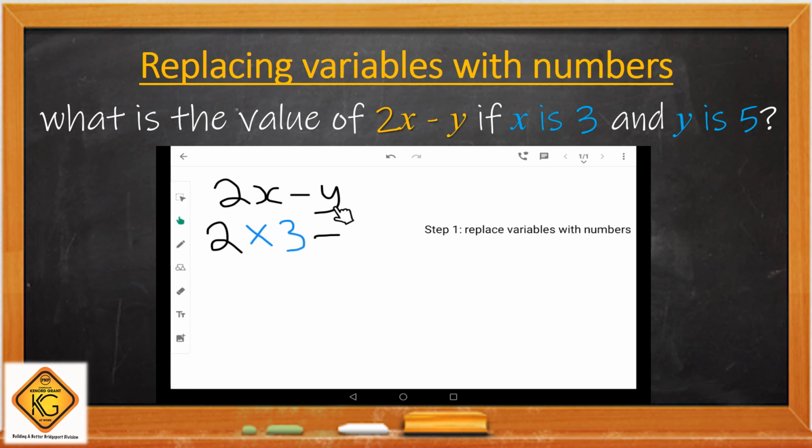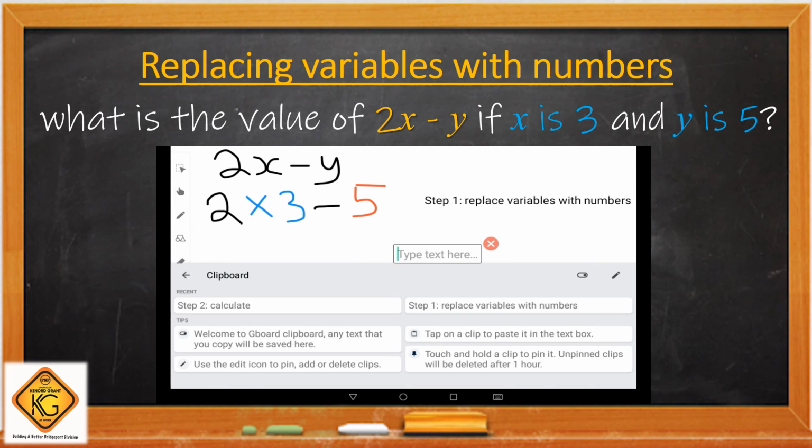After that comes y. Y is a variable, but because I know its value, which is 5, I do not need to write y. I simply write 5. Now there are no more terms in my expression, so I'm done with step 1.